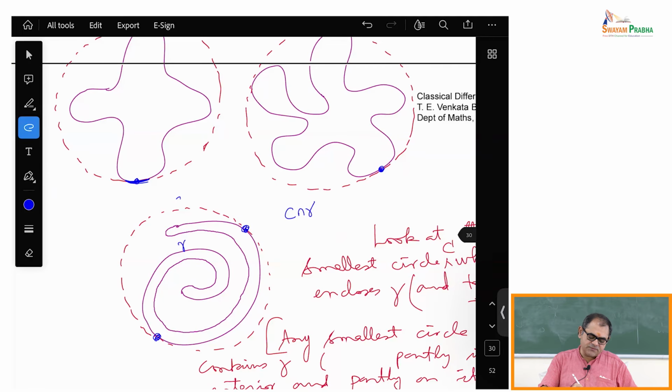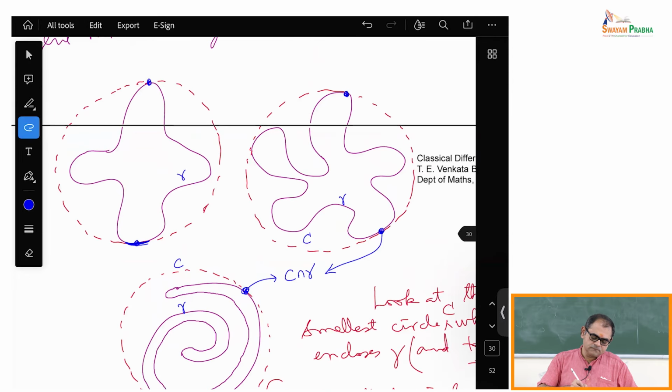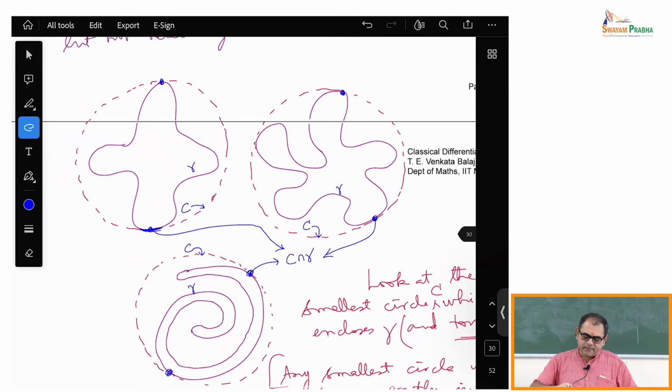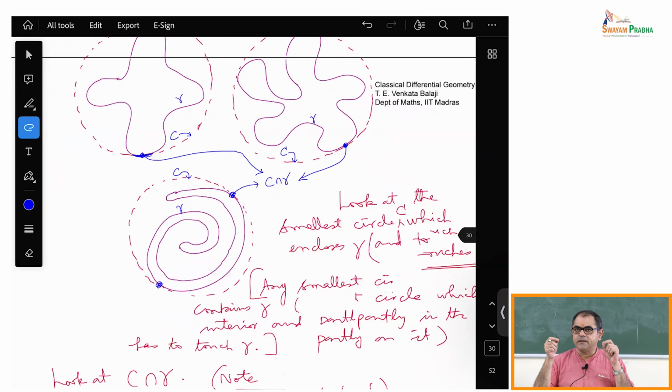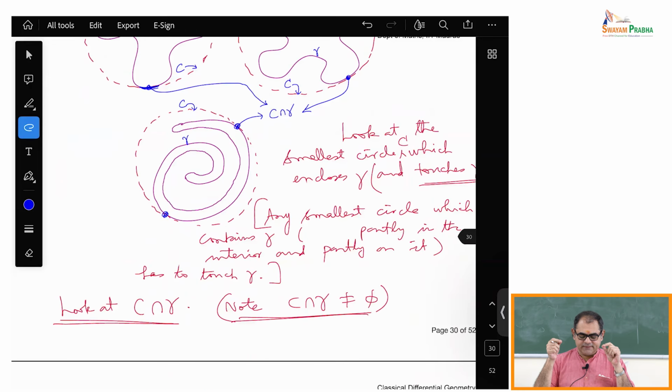So this is gamma and this is circle C. The first statement that one wants to make is that this set of points common to C and gamma cannot lie in an open semicircle of the circle.